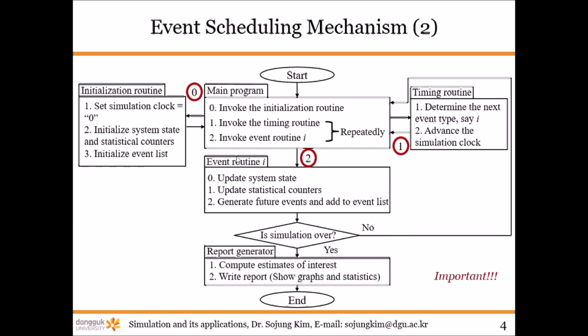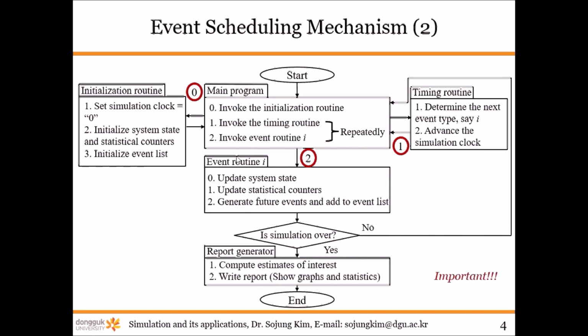In order to generate a report, it has to compute the estimates of interest, in other words, performance measures, and also write the report. So you can get the PDF file in Arena. So that's how the event scheduling mechanism works.